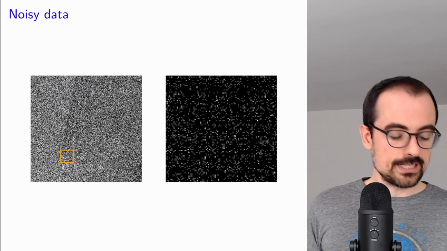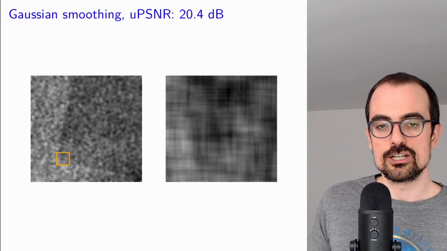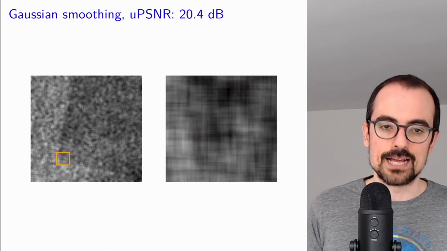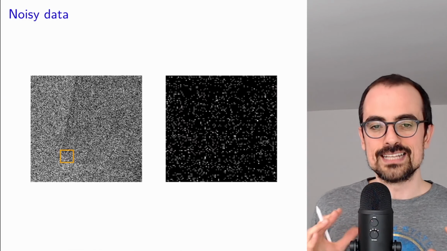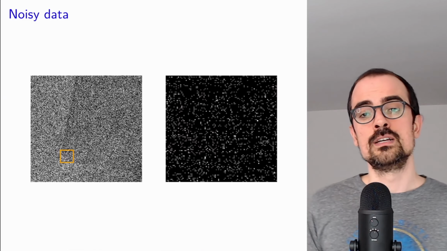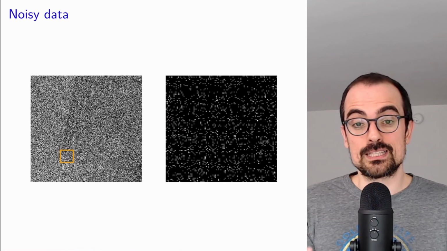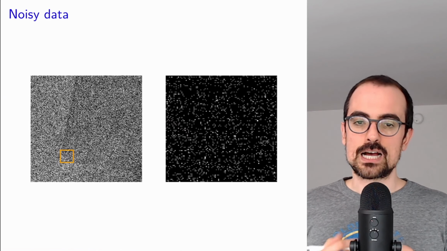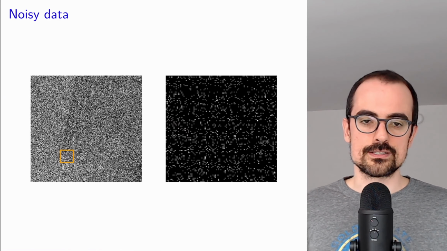So this is the noisy data. This is what happens if you apply a traditional linear shift invariant filter. It has a tough time, but you can't really blame the filter here very much because the data are really, really tough. Essentially, the problem here is that we cannot shoot a lot of electrons into the material without frying the material, and that's problematic because we want to see how the atomic structure in the material changes in different circumstances.